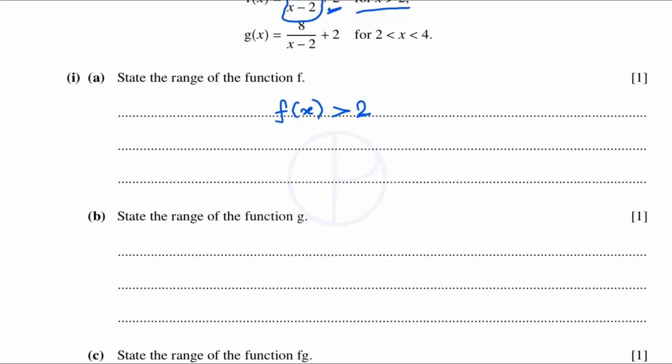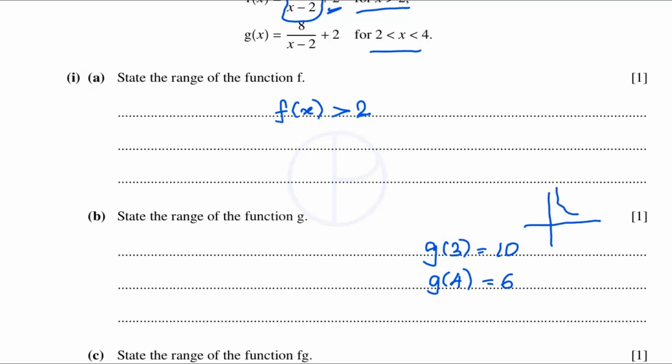Next, state the range of the function g. For g, the domain is 2 less than x less than 4. So when you substitute x as 3, g of 3 will be 8 divided by 3 minus 2, which is 8, plus 2, which is 10. And g of 4 is 8 divided by 4 minus 2 plus 2, which is 6.